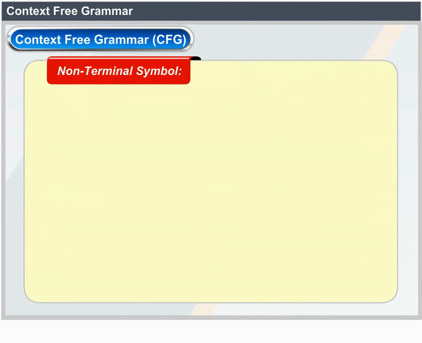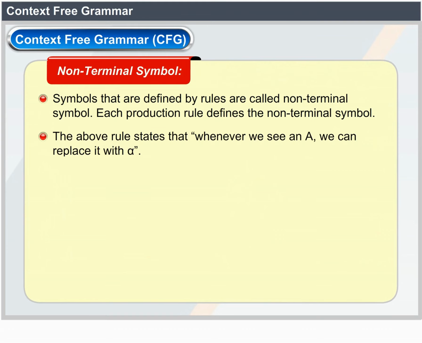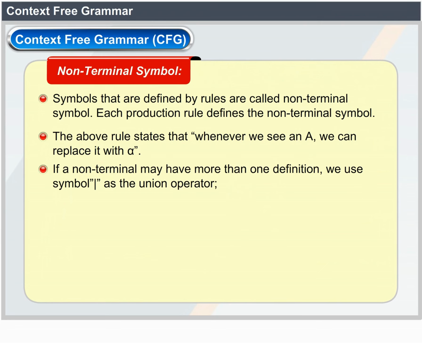Non-terminal symbol. Symbols that are defined by rules are called non-terminal symbols. Each production rule defines the non-terminal symbol. The above rule states that whenever we see a capital A, we can replace it with small a. If a non-terminal has more than one definition, we use the symbol OR, like the union operator.